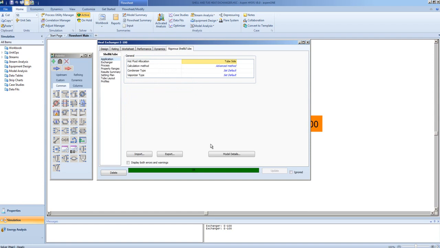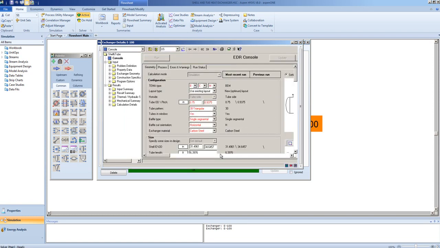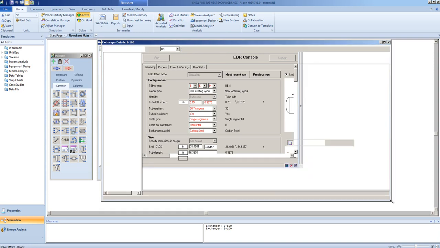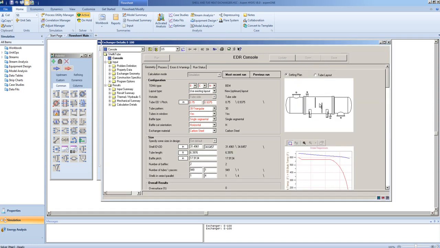We can look at the exchanger in more detail by clicking on the Model Details button on the Rigorous Shell and Tube exchanger. This will bring up a window where we can get information about the exchanger that you would not normally find within HYSYS. You can see a drawing of the exchanger.